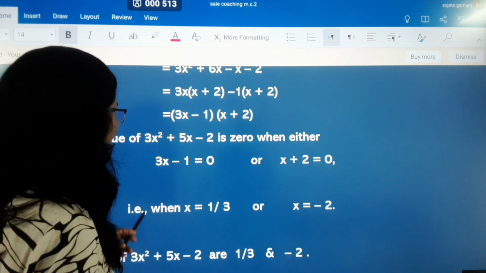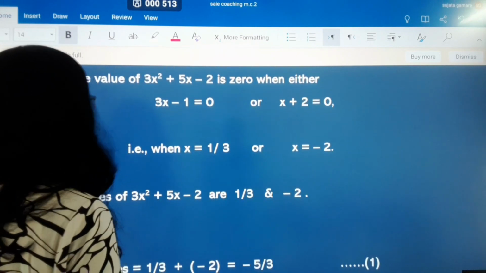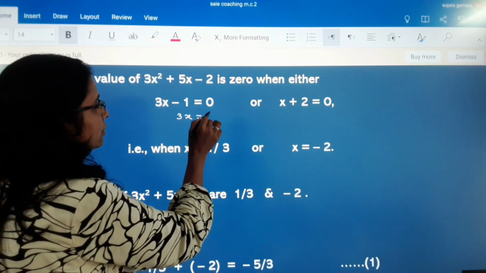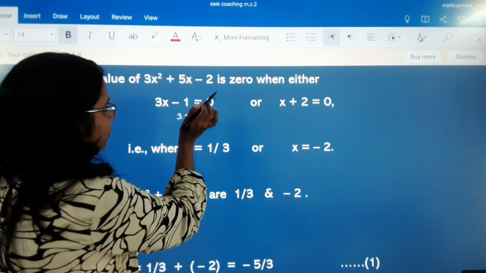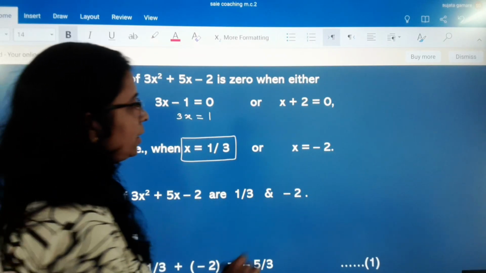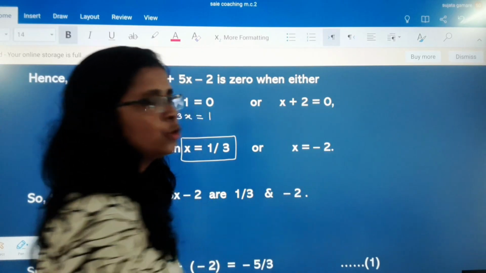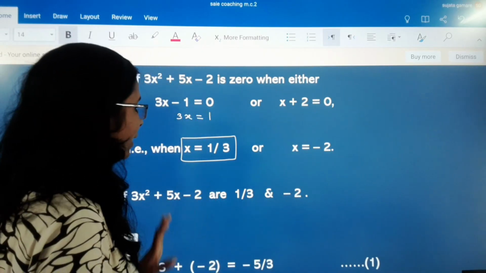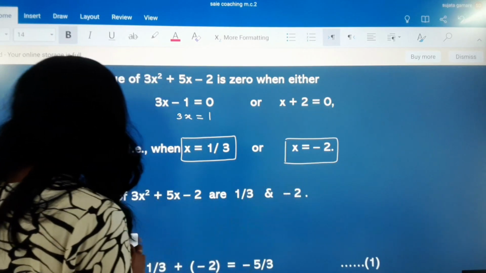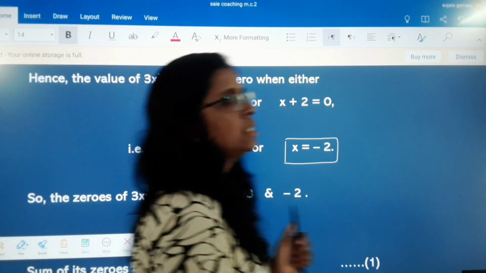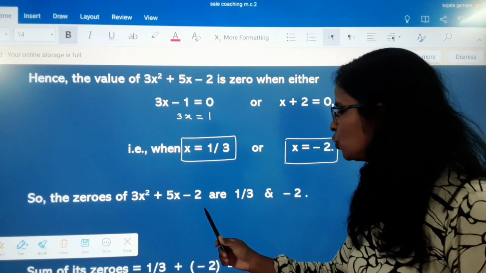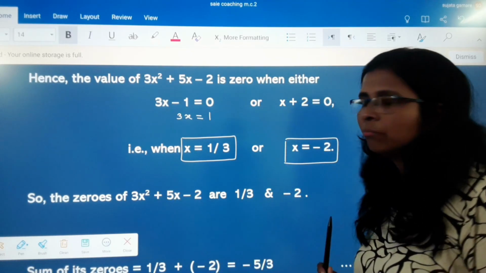Here 3x is equal to 1, so x is equal to 1 upon 3, and here x is equal to minus 2. So these are the two values, that means these are the zeros of our polynomial 3x square plus 5x minus 2, 1 upon 3 and minus 2.